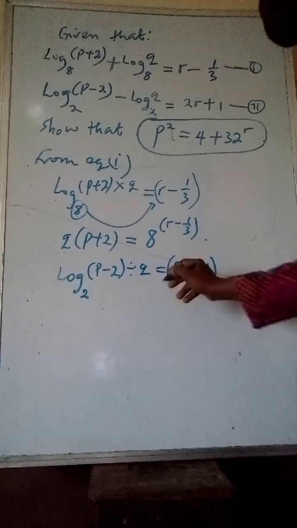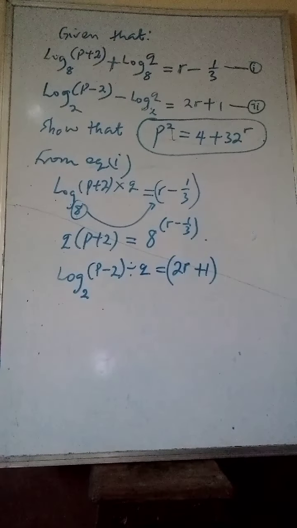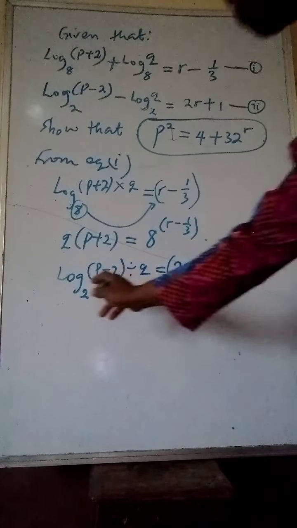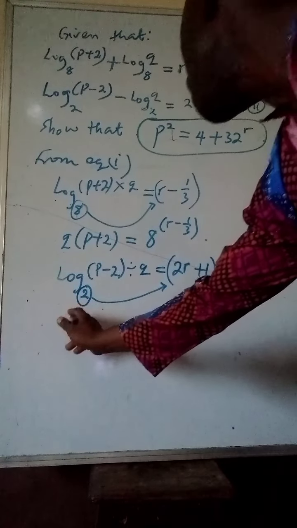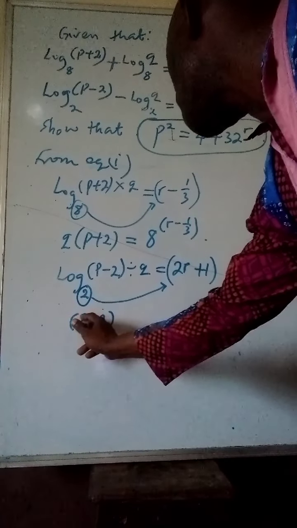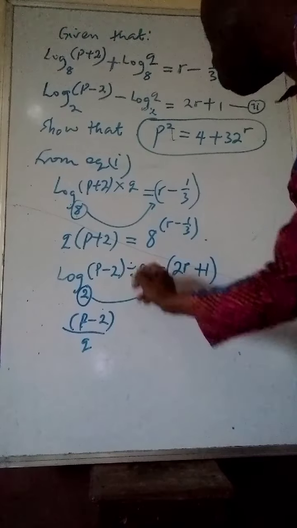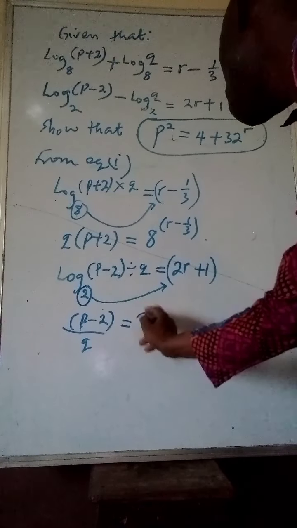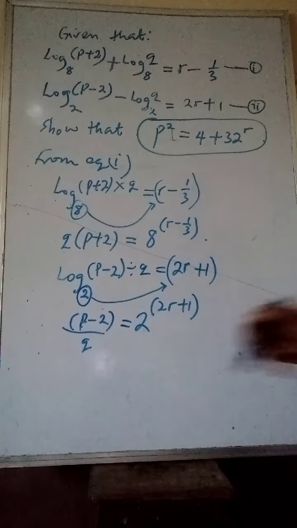Let me put this in bracket also. Having done this, base 2 will carry this one as a power. That means I'm going to have (p minus 2) all over q, because of this division, equals 2 raised to power 2r plus 1.